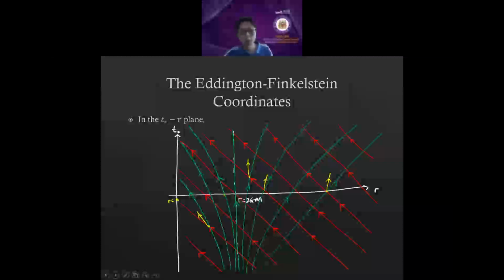So something similar over here. This r equals 0 is a really problematic point, because the curvature is infinite here, meaning that at this point gravity is infinite. So tidal force, for example, is going to be very huge. So you can see from this diagram that anyone who crosses this surface would have no choice but to reach r equals 0.